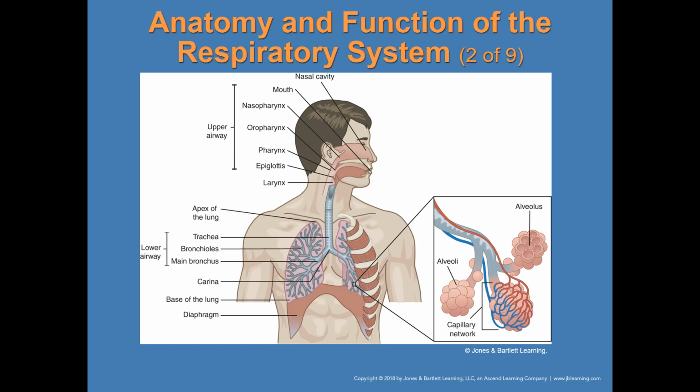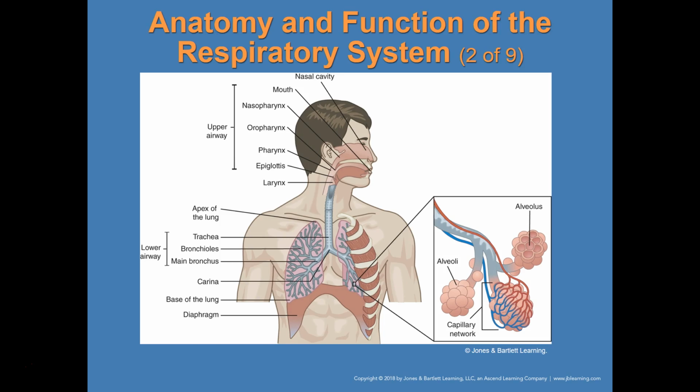Here is our respiratory system. We start in our upper airway. We have the nasal cavity, and then the mouth there. The nasopharynx and the oropharynx, so these are the passageways. Naso, meaning nose, is the passageway that goes from the nose down into the lower airway.